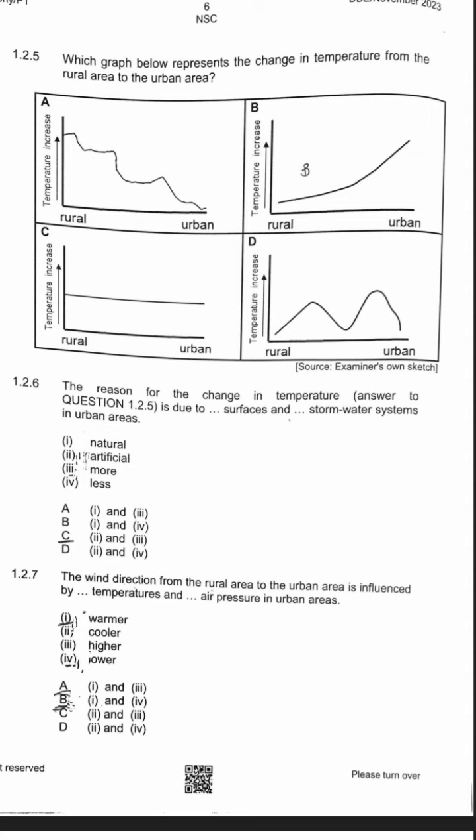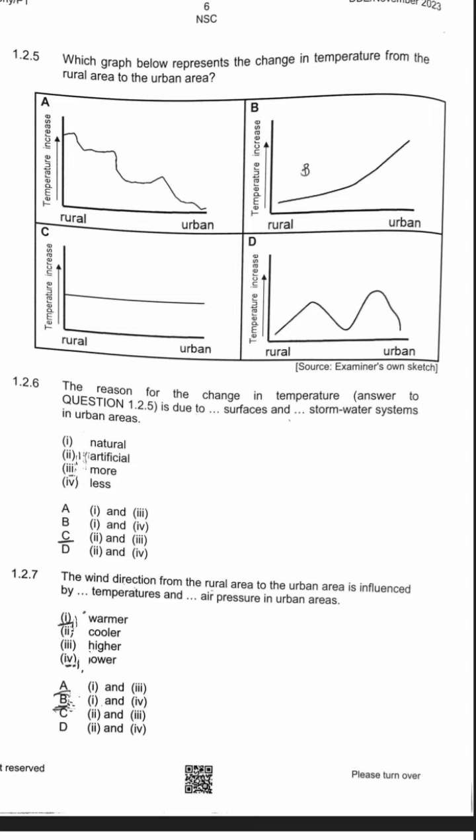So let's go to 1.2.6 then. The reason for the change in temperature, the answer to question 1.2.5, the above answer, is due to dash surfaces and stormwater systems. So your stormwater systems, like your drains, drain water when it is raining so that you prevent flooding.